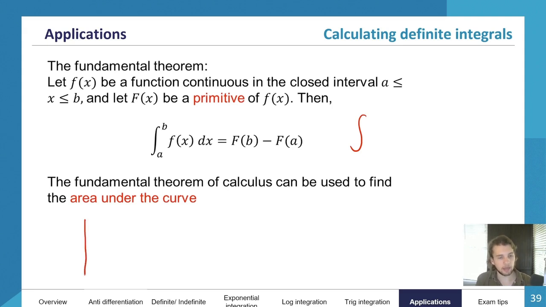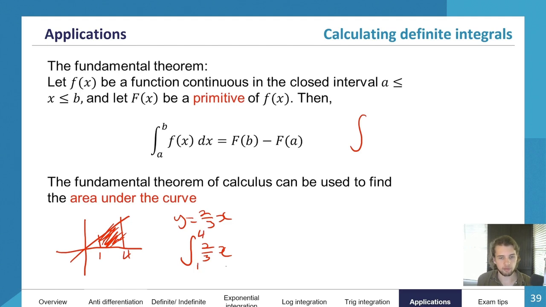So let's say we had a line like this, and the line is y = 2/3 x. If we wanted to find the area between 1 and 4 under the line, so that's this area I'm coloring in here, we would use an integration of 2/3 x between the points 1 and 4.